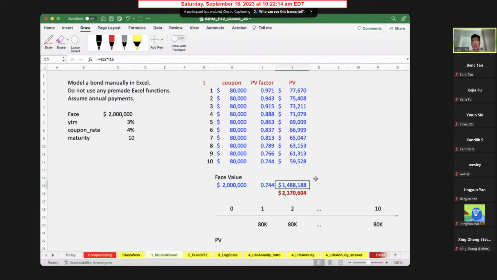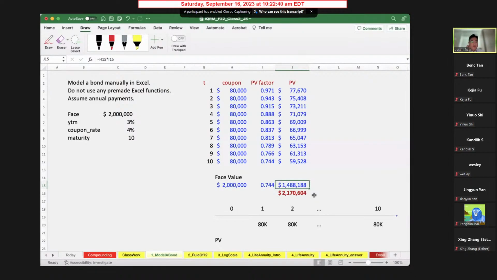At maturity in 10 years, you receive this $2 million of face value because you bought a bond 10 years ago. That amount also needs to be discounted for 10 years. Same discount factor here, right? So you multiply that, you get 1.5 million.